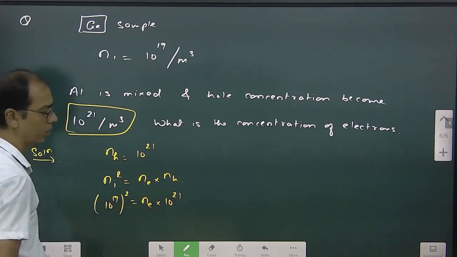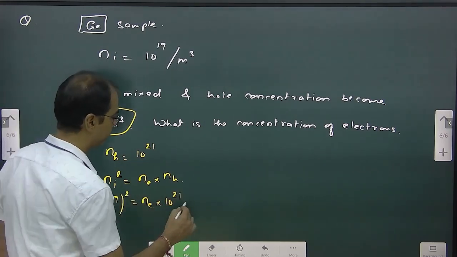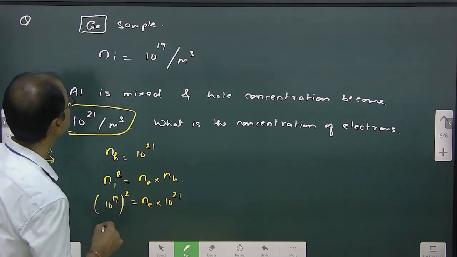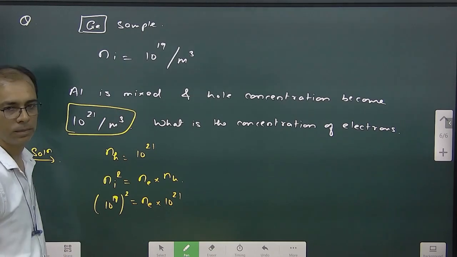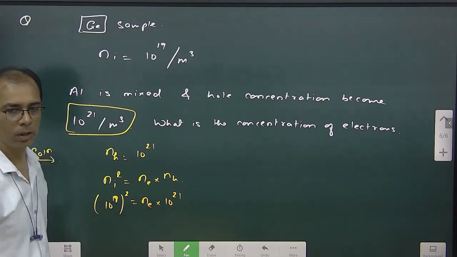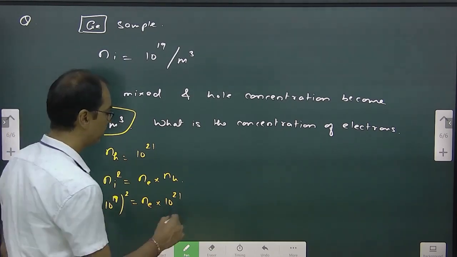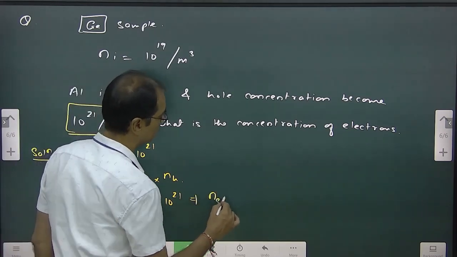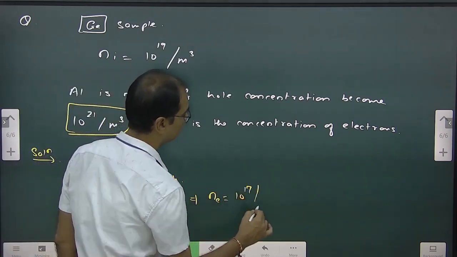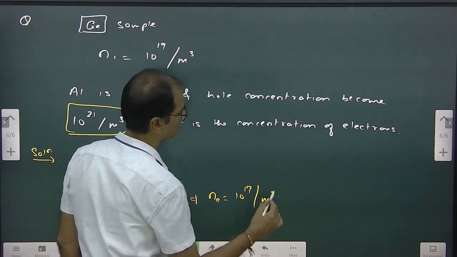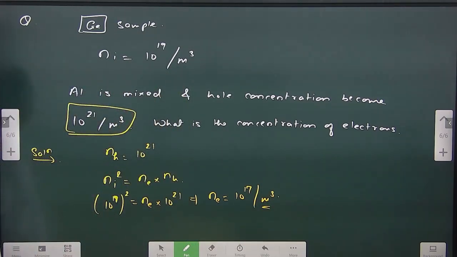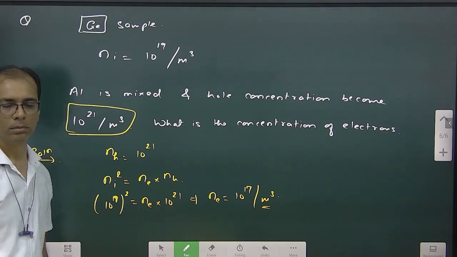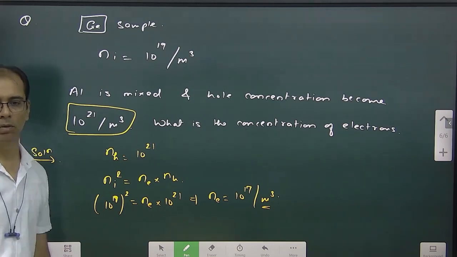So 10 to the power 38 by 10 to the power 21 is 10 to the power 17. This will be 10 to the power 17 per cubic meter. Simple question. Note it fast.